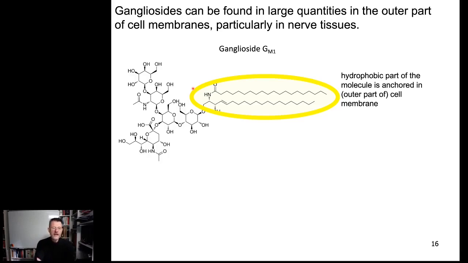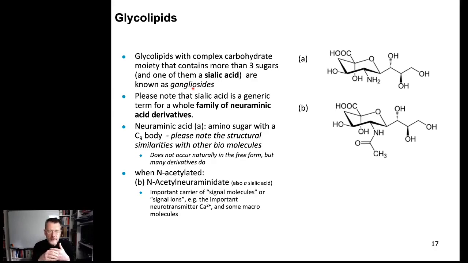But first, let's have another look at glycolipids. I've already told you, if we're talking about glycolipids with more than one to three sugars, and one of them having to be the sialic acids, those are the gangliosides. Now here, it would be nice if you were to memorize sialic acid, but it's not vitally important.